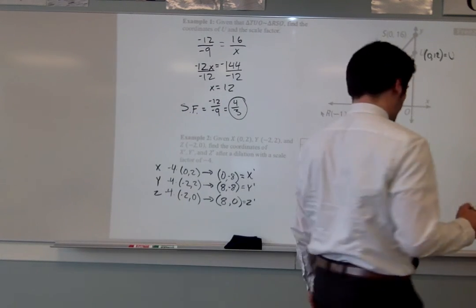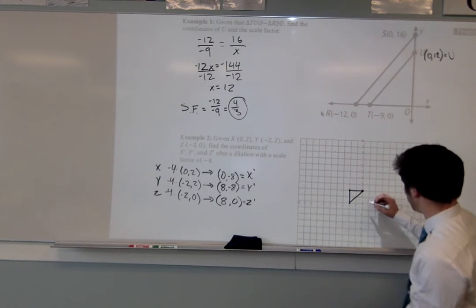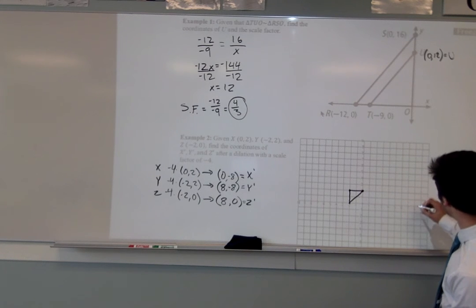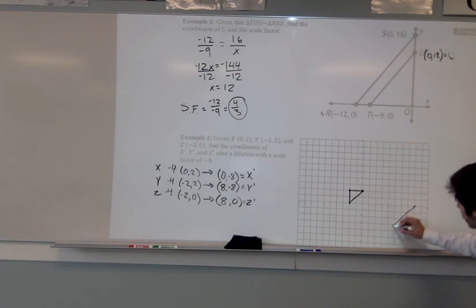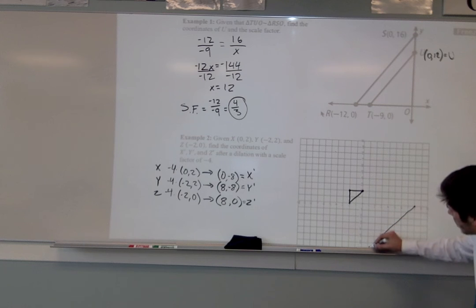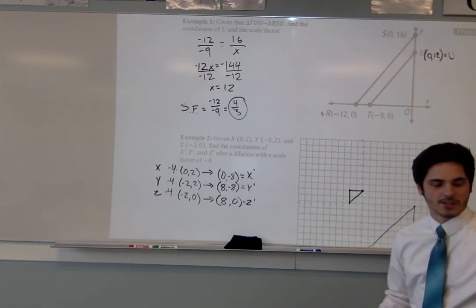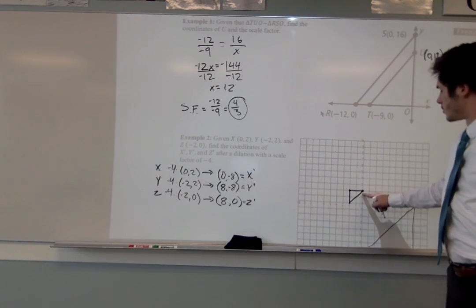It's not quite big enough to fit everything, but we've got 0, negative 8, so negative 8 is down here. We've got 8, 0, and we've got 8, negative 8. So our new triangle would look something like this after being dilated by a scale factor of negative 4. So here's our original, and here's our new one.